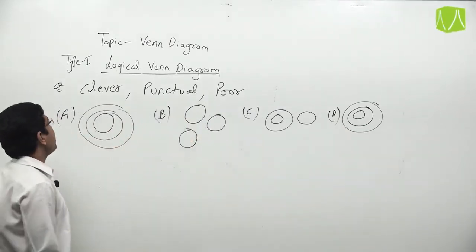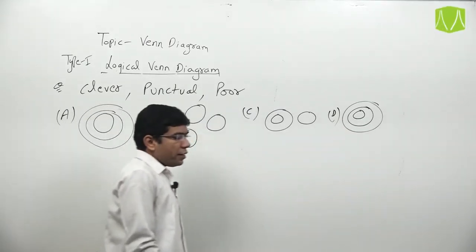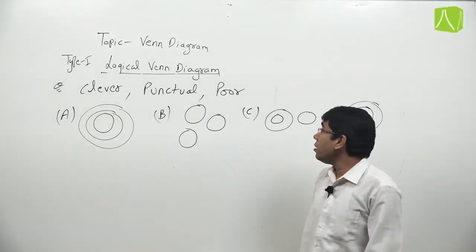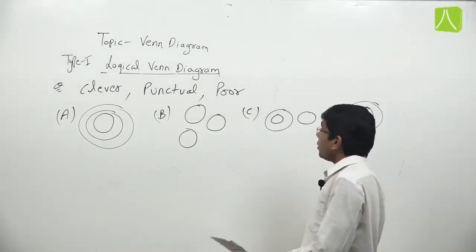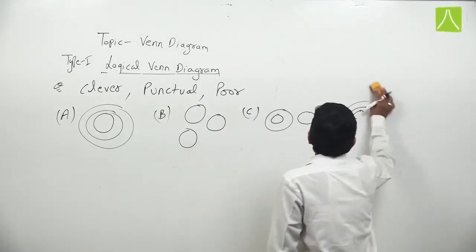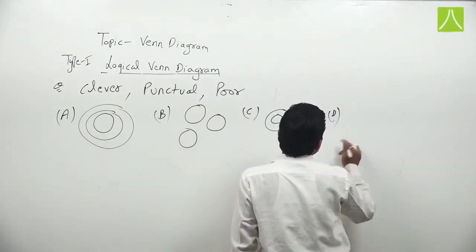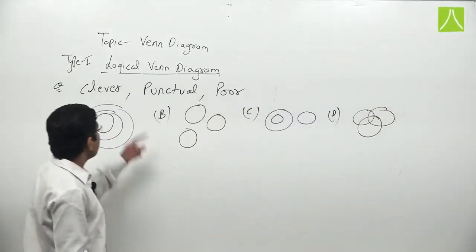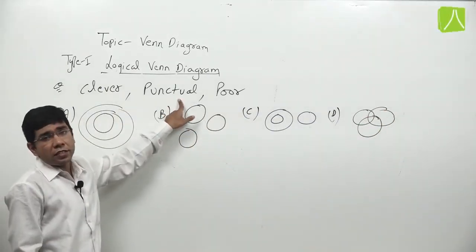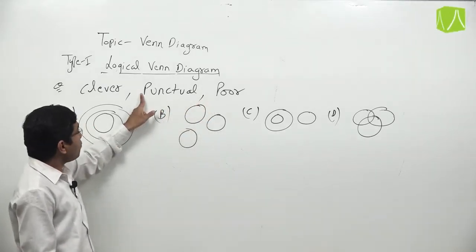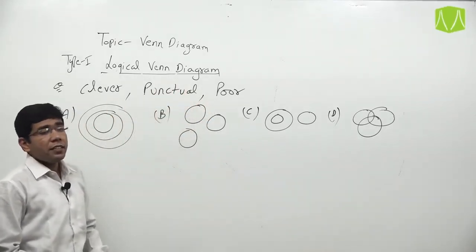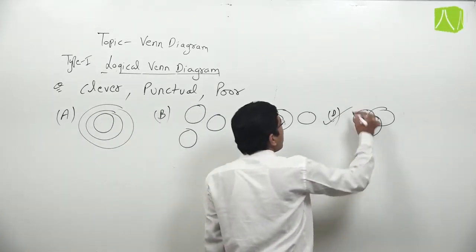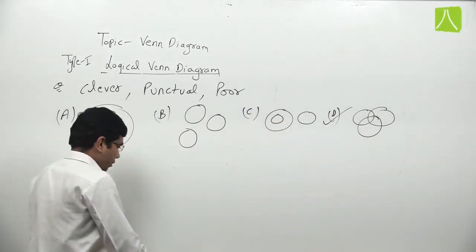Now we have to represent clever, punctual, poor. Friends, we know that clever, punctual, poor are the properties of a person. So we can say that some persons can be punctual, some persons can be punctual and poor, some persons can be poor and clever, and some persons can be clever, punctual and poor. So for this our answer should be option D.